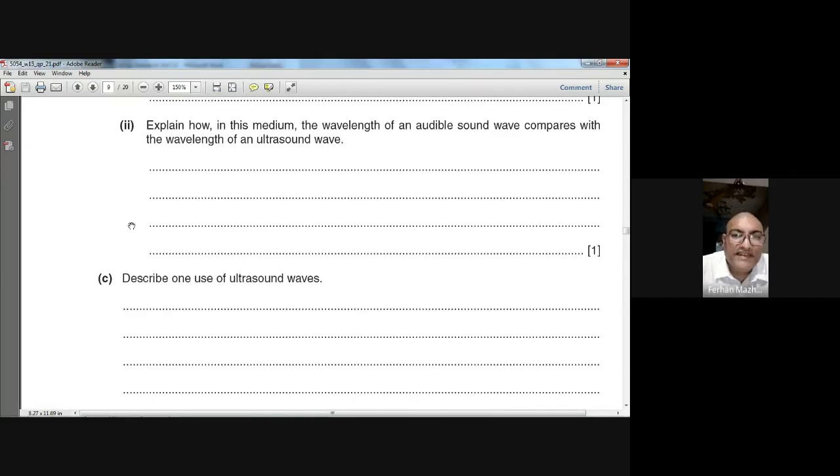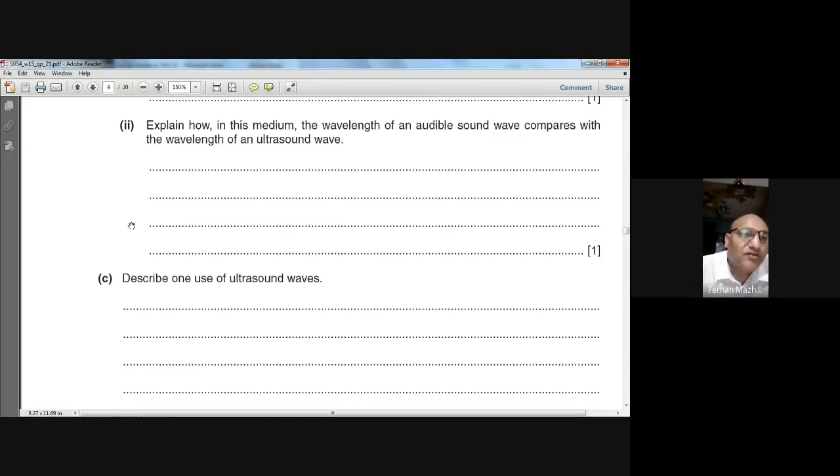If the velocities are the same and the audible sound has lower frequency, then because the velocity is the product of frequency and the wavelength, its wavelength will be naturally longer, larger.